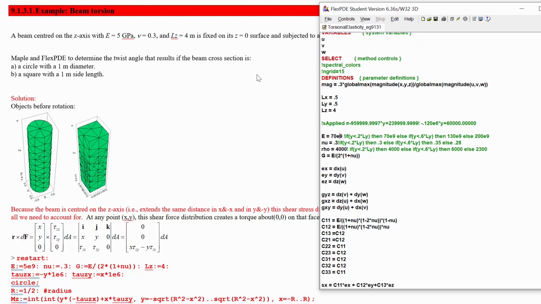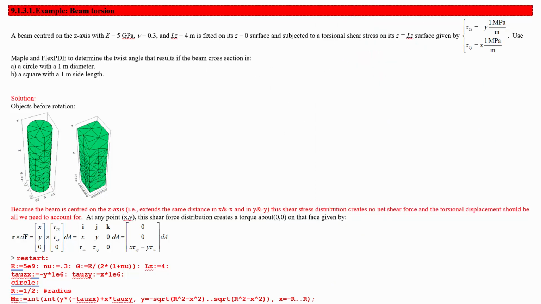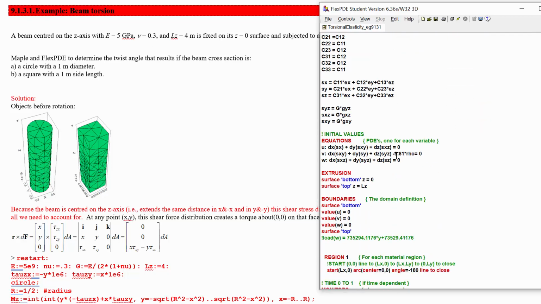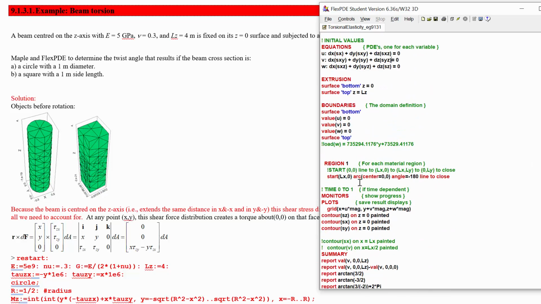What else do we have? We've got Young's modulus, which is 5 gigapascals this time. And nu is 0.3. We don't need any of this density stuff, and we better get rid of that in our differential equation. We are drawing a circle that has a radius of Lx and is centered at 0, 0, so that's good.